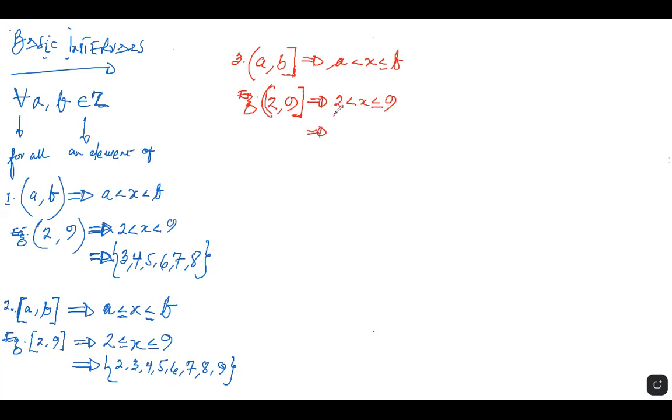This will mean that my final set of values is the set where 2 is not included, because we're open on 2. So we'll be starting from where? 3, 4, 5, 6, 7, 8, and then what? 9.